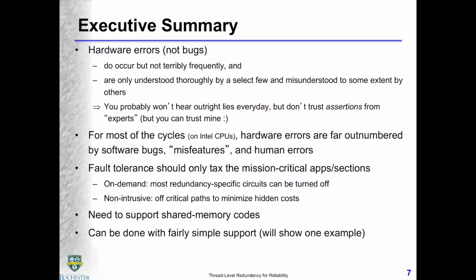Here is the thing. You are going to see a lot of errors from perhaps software, bugs in your code, whatever unexplained phenomenon. So what about hardware errors? These transient events due to particles, do they occur? Yes, they do, but not terribly frequently.